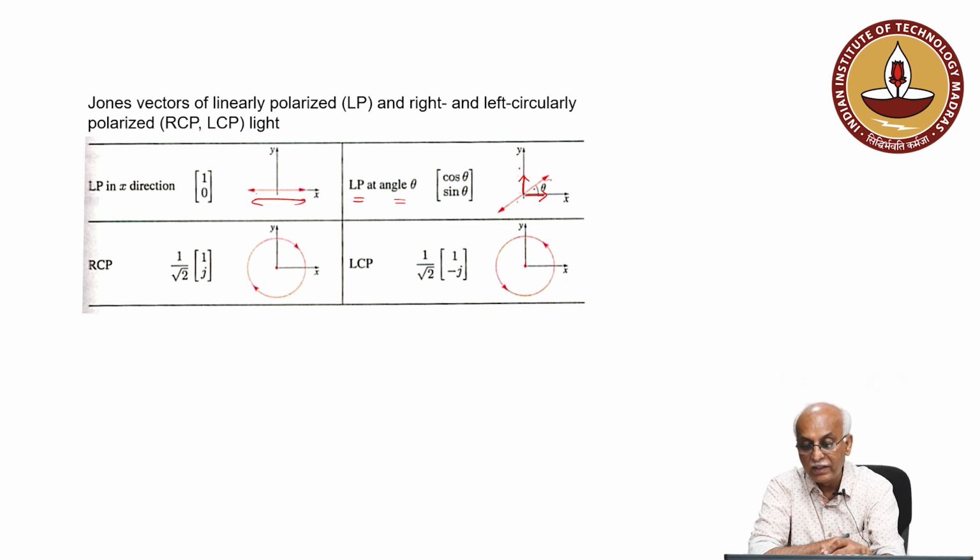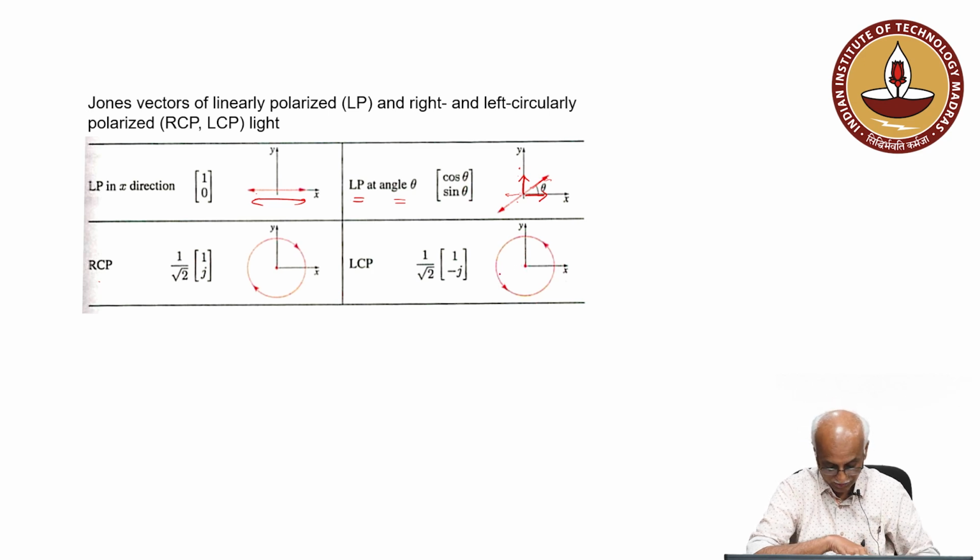Resultant is oscillating in theta direction, and if they are in the same 90-degree phase difference with the same magnitude, these two components, then depending upon the direction of this electrical field vector, we will get right circular polarized light or left circular polarized light.